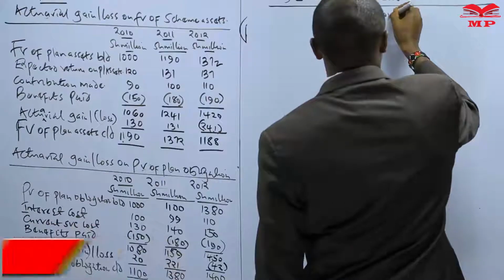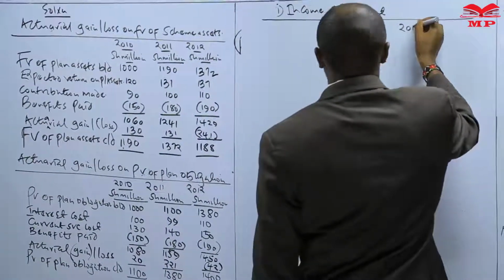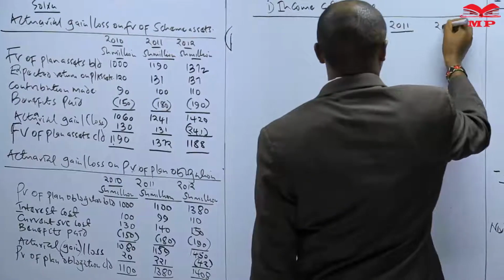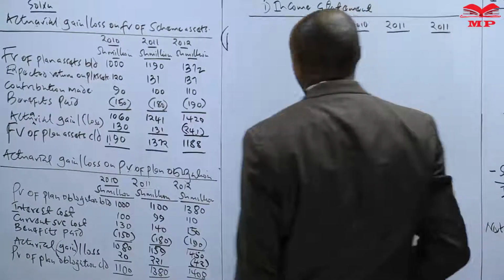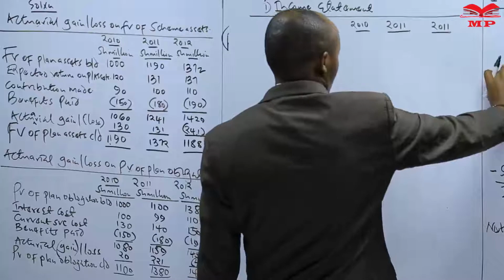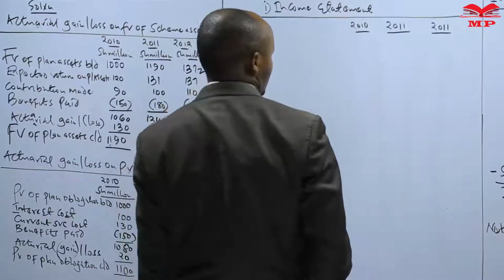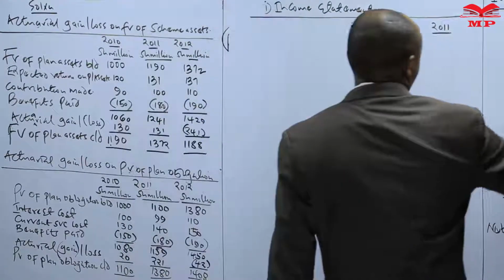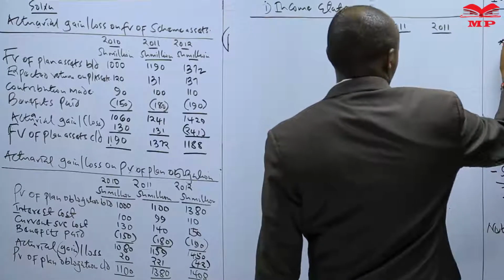And still we are going to compute that for the 3 years, 2010, 2011 and 2012. We have said the net pension cost is computed using those 4 components, and in our case here, remember, you don't have the past service cost.